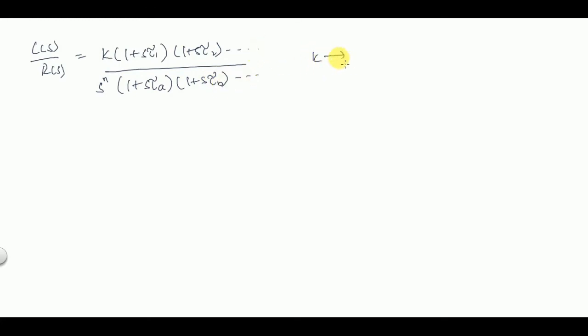Here k represents the system gain, and tau represents the system time constant. Right, so when you have this, we can define two important properties of a transfer function, that is the order and type of the system.